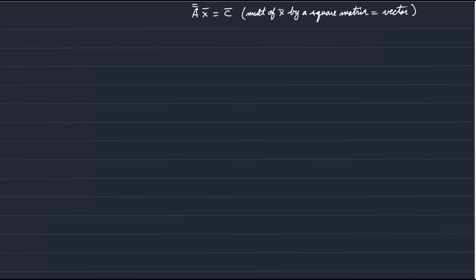So I'm using this expression for that general operation. And interpretation 1 is that X is being transformed to a new vector C.